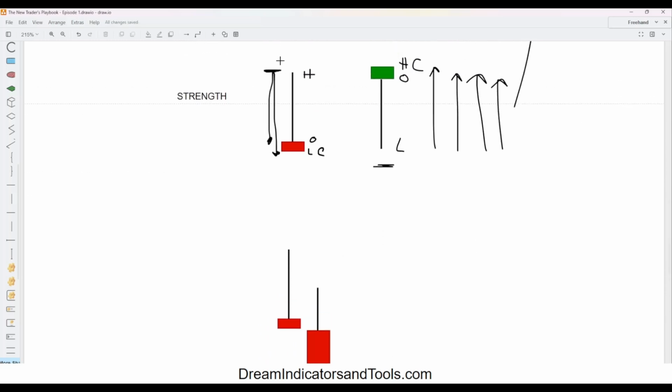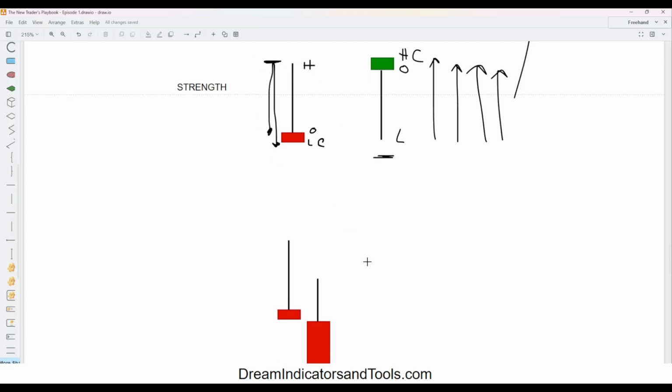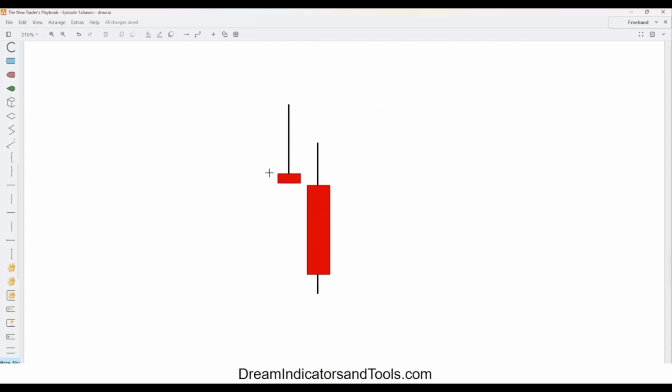Now, keeping in mind with this type of structure, we may end up seeing something like this. Let's say that after the candle closes, we end up getting another red bearish candle. So what is that? We're getting an opening, then we get a high, then we get a low, and we get a close, right? So what is that telling us?